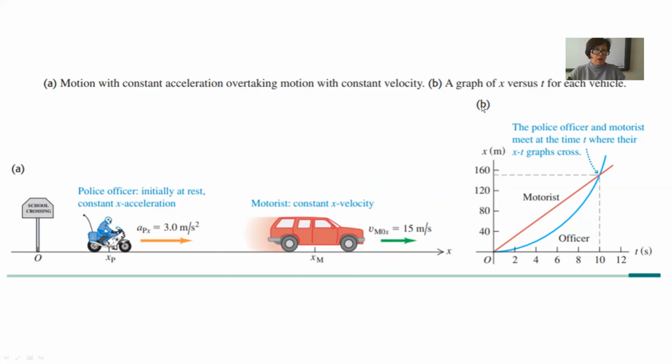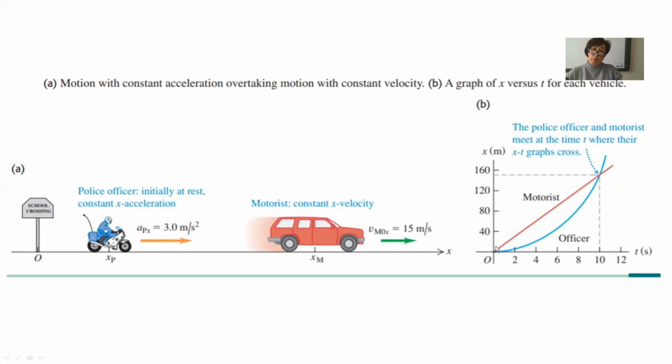The B graph shows the equation of motion. This line follows the motion of the police officer, and here the other line is the motion of the motorist.